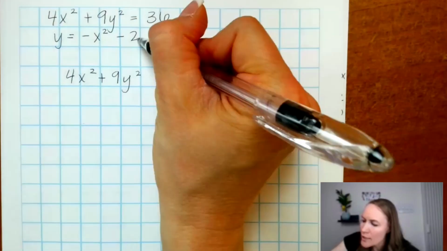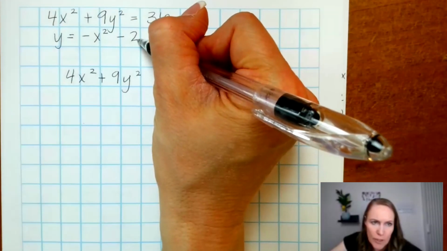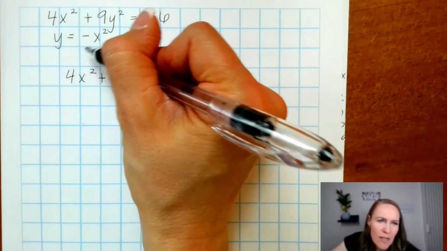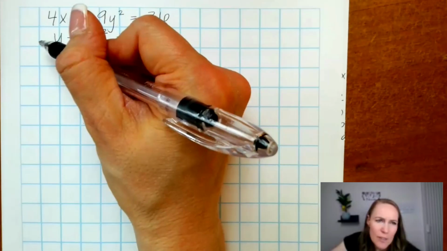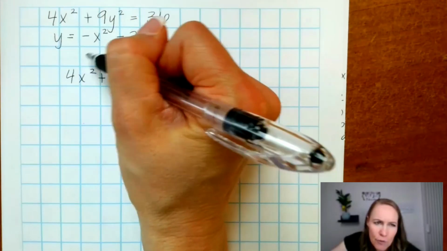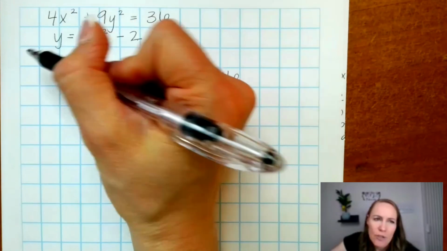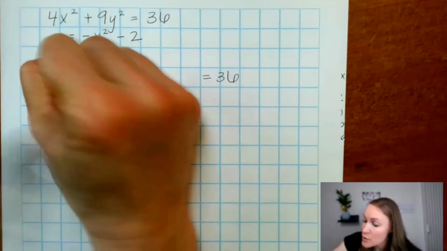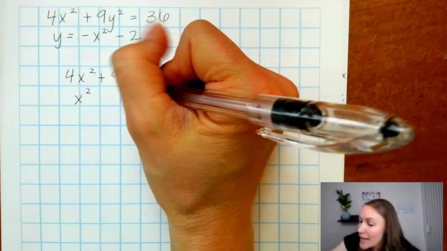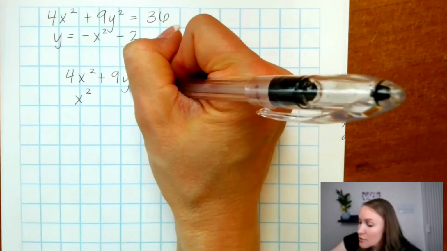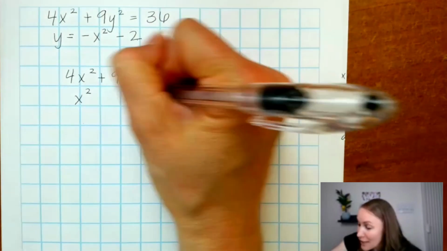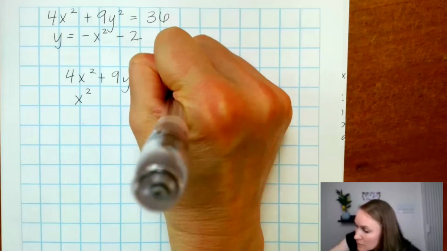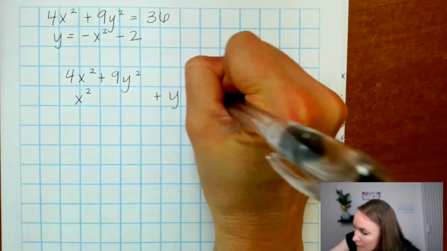So I'm going to want to keep the negative 2 on this side of the equation, but I'm actually going to put the negative x squared on this equation. So I'm going to add over x squared, and it's going to go on this side. So I'm going to write x squared, so this positive x squared, and I'm not going to write anything for the y squared. And so I'm going to write a blank right there, and then I have plus y, and then equals negative 2.